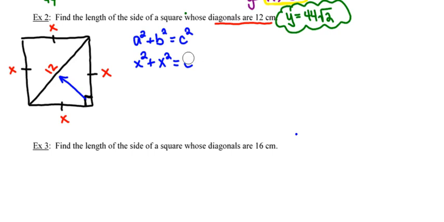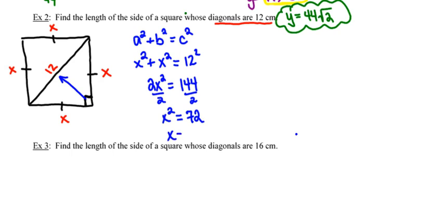And I actually know c, so I'm going to go ahead and substitute that in. C is 12. So we end up with 2x squared is equal to 144, or when I divide both sides by 2 in order to isolate the x squared, I find that x squared is equal to 72. So x must therefore be the square root of 72.